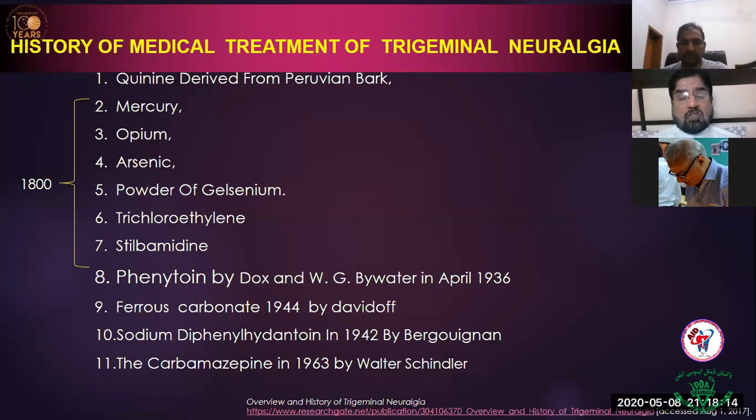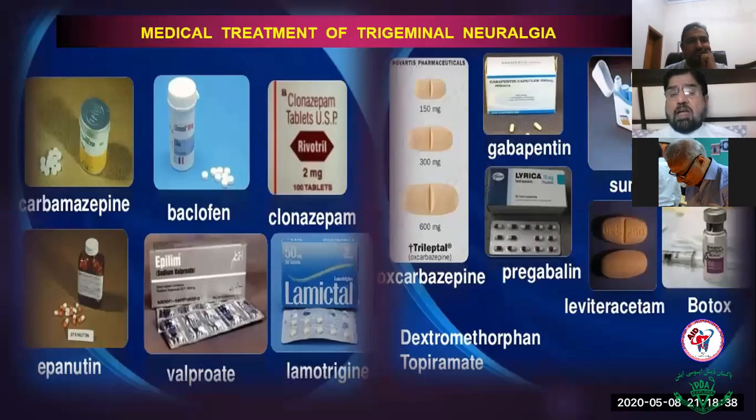Then ferrous carbonate in 1944, sodium diphenyl hydantoinate in 1942, and then in 1960 and onward, we have the range of anticonvulsants with reference to carbamazepine and others. But when we now look in the market, the whole area of medicine is full of trigeminal neuralgia treatment medicines.